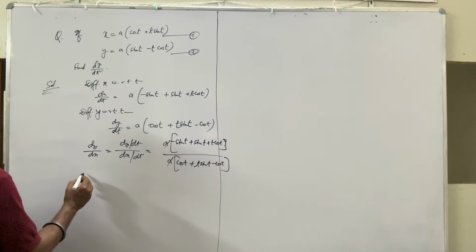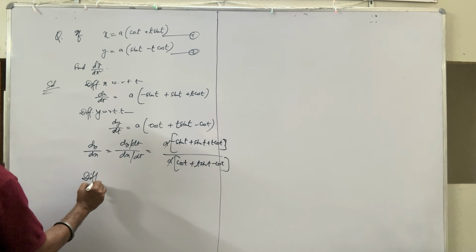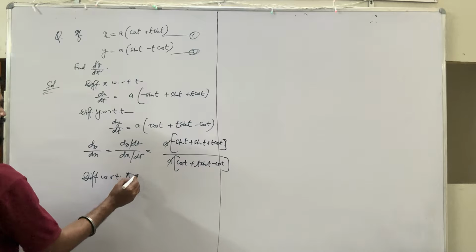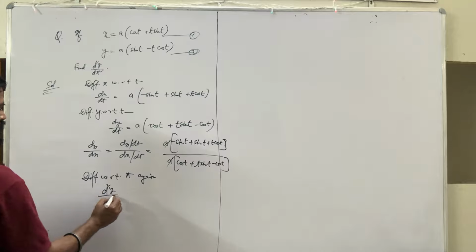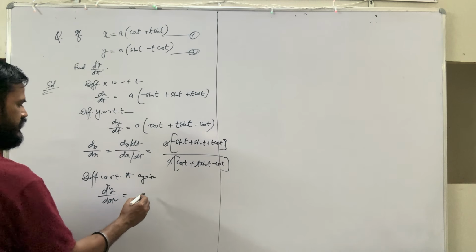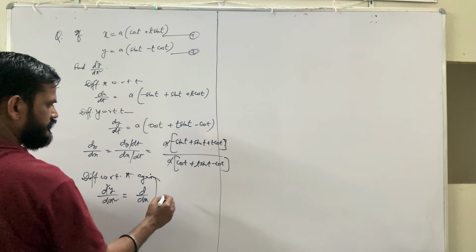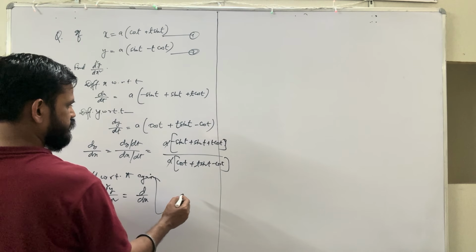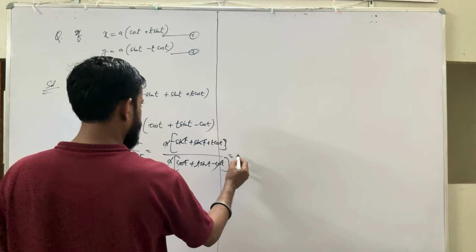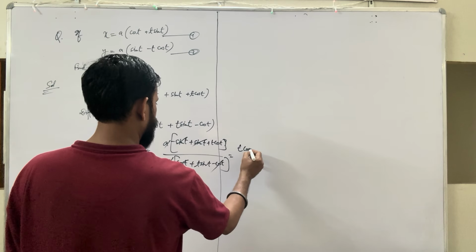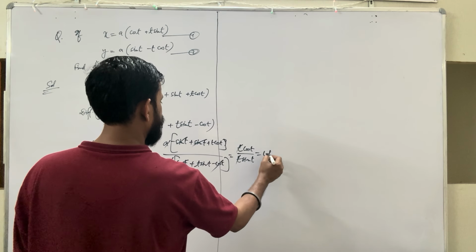dy by dx. Now to find d2y by dx square, we need to differentiate it with respect to x. So differentiating with respect to x again, we get d2y by dx square, which will give you d by dx of this. cos t gets cancelled, sin t gets cancelled, so we are left with t cos t divided by t sin t, t gets cancelled, so we get cot t.